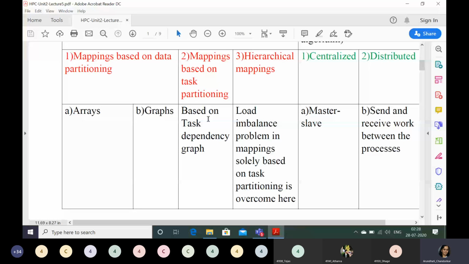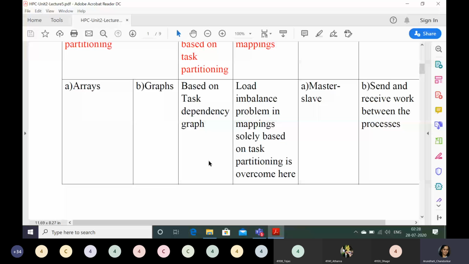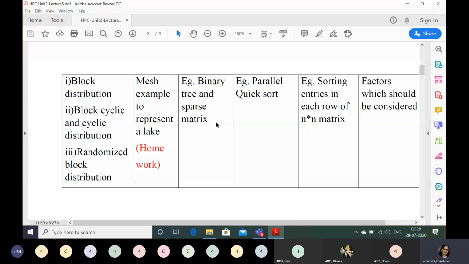Here we are using the task dependency graph data structure, which you already know. Two problems we will discuss: first binary tree and then sparse matrix. Let me close this and open that slide. So, the next category.